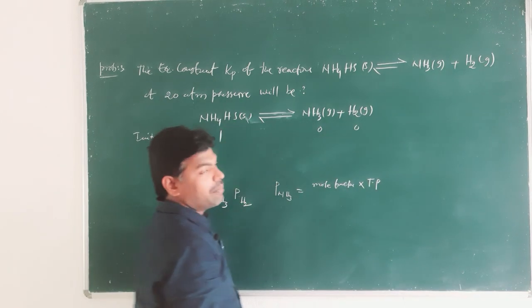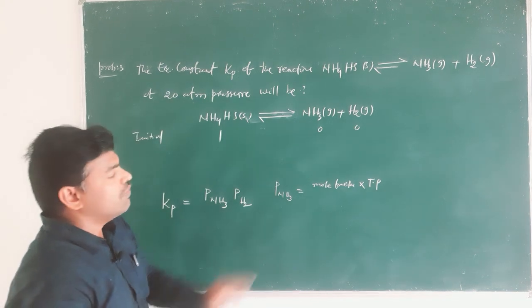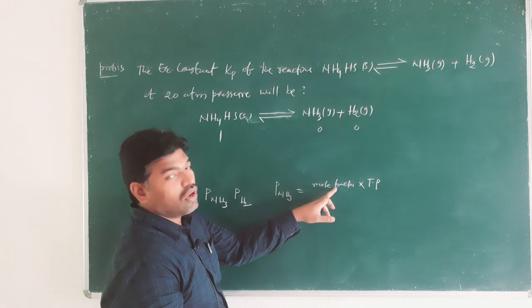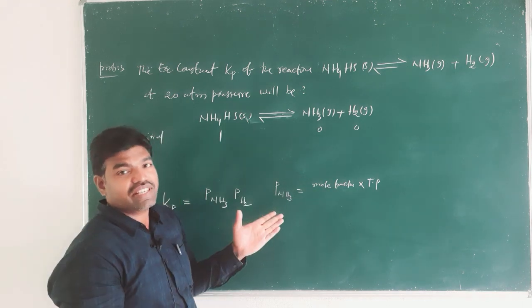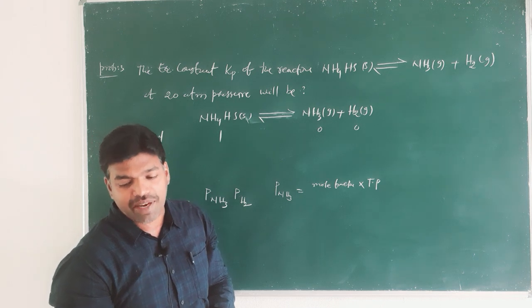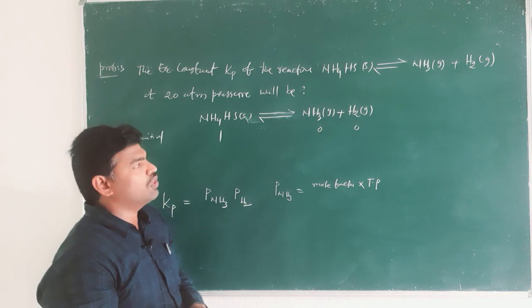They already gave the total pressure, 20 atmospheres. We need to calculate the mole fraction. How can we calculate it? Mole fraction is the moles of the substance by the total moles.